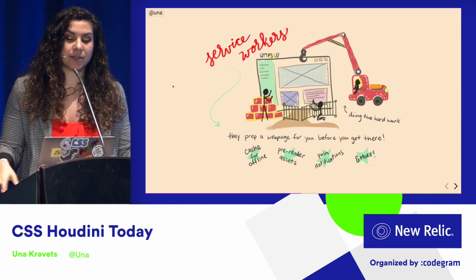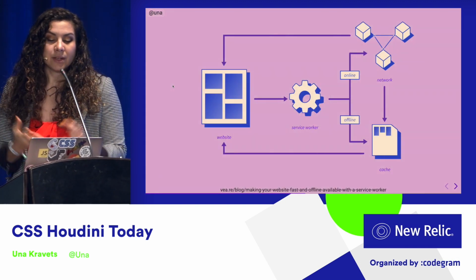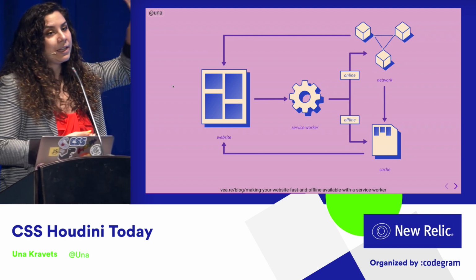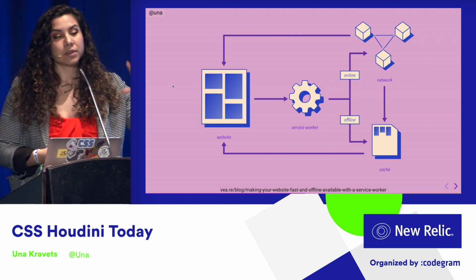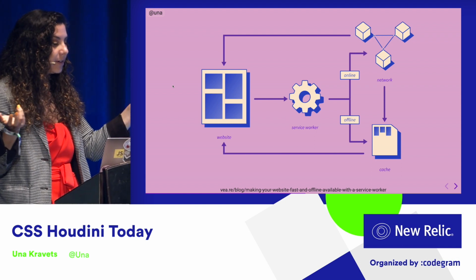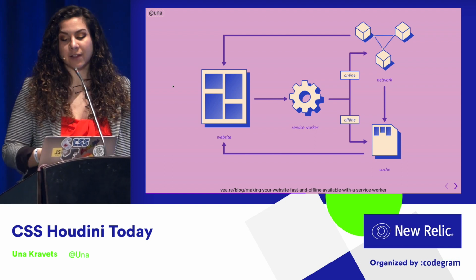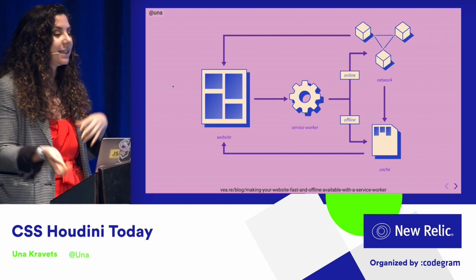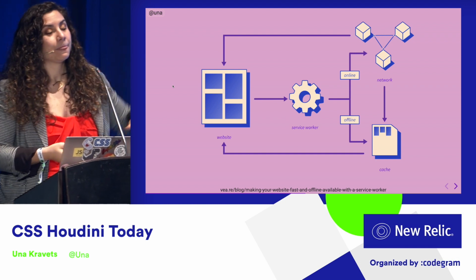You can do push notifications and a lot of other cool things. The reason that happens is because this service worker or worklet lives between the web page and your network. So when you visit it, if you're online, you go to the network. If you're offline, whatever you've registered as cache or other things in that service worker gets sent to that website.